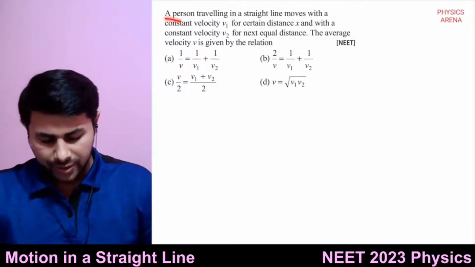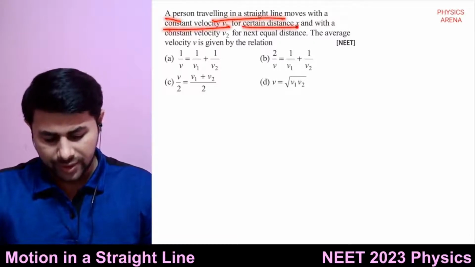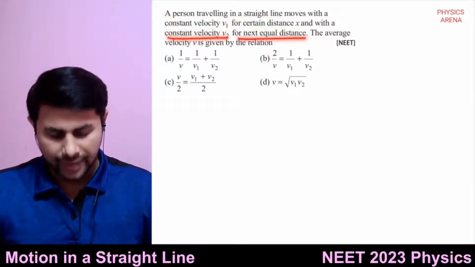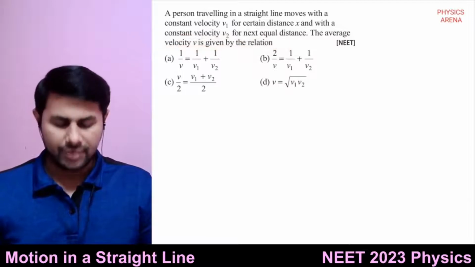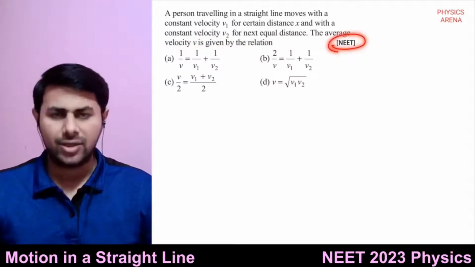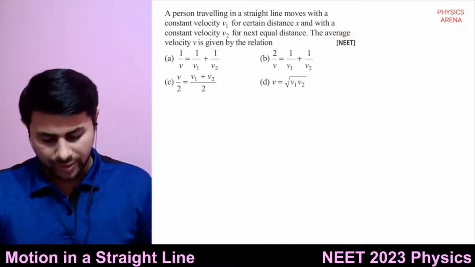A person traveling in a straight line moves with a constant velocity v1 for certain distance x, with constant velocity v2 for next equal distance. Then the average velocity v is given by the relation, and this is from the NEET, I guess 2020. So now we know that formula.